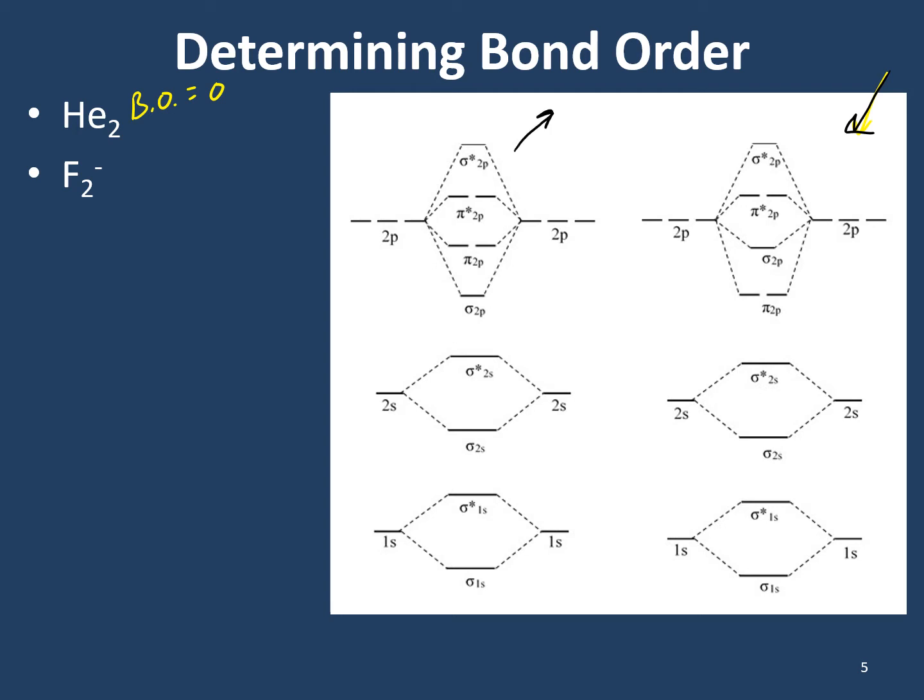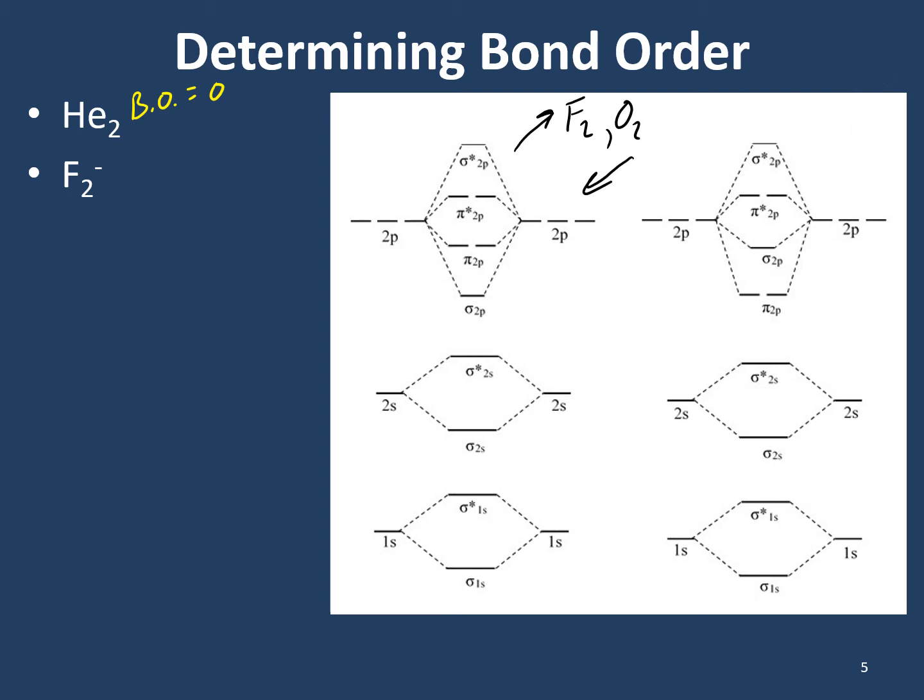This diagram, because of its p orbital shape, or p orbital diagram, is going to service F2 and O2 diatomics. So if we have either of those, we're going to use the diagram on the left. For the diagram on the right, we do this for B2, C2, and N2. So since F2- is F2, we're going to use the diagram on the left.